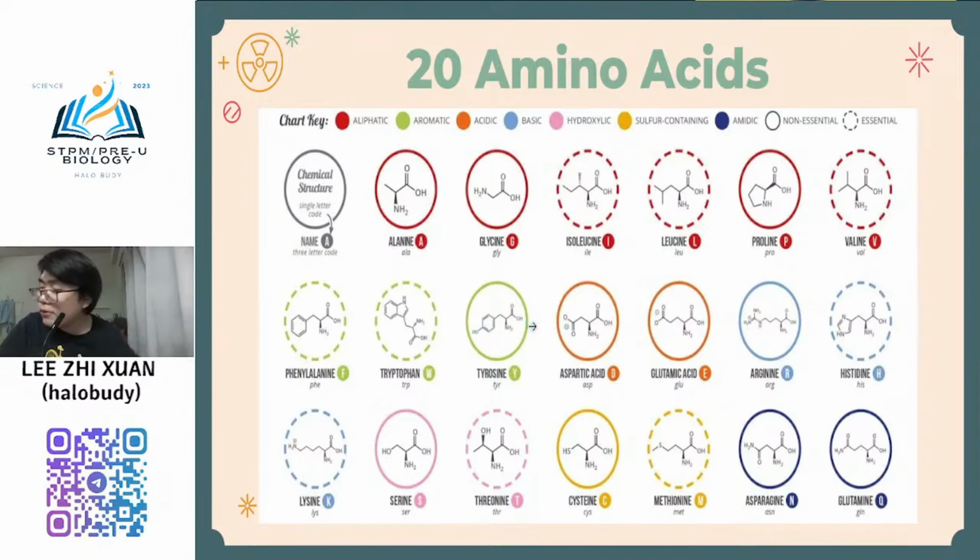Why do I say you need to memorize all? Because in one of the years, they came out with a structure question. They just show this kind of structure and then you need to name it. If I'm not mistaken, 3 types: glycine, alanine, and another one I already forgot.